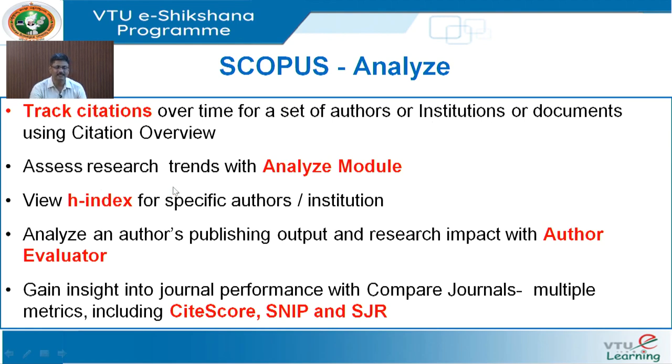They assess research trends with the analyze module, and they also generate H index for your publications and your institution. They analyze authors' publishing output with the author evaluator, and various other publication metrics like CiteScore, SNIP, and SJR scores are calculated using Scopus citation data.